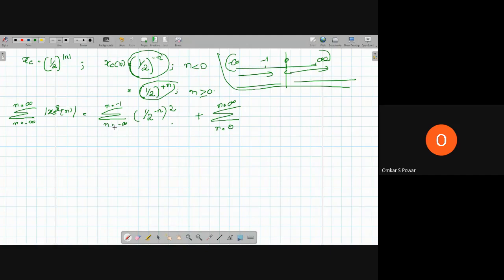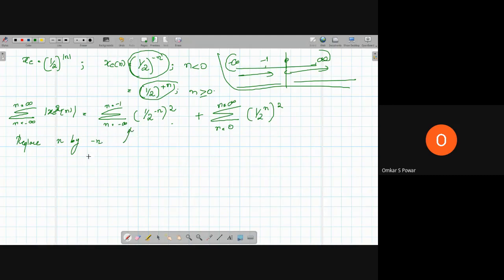Okay, so minus infinity to minus 1, what is the value of the whole square, plus 0 to infinity, what is the value? Half of n the whole square. Now what we have to do? We have to replace n by minus n in the first term.